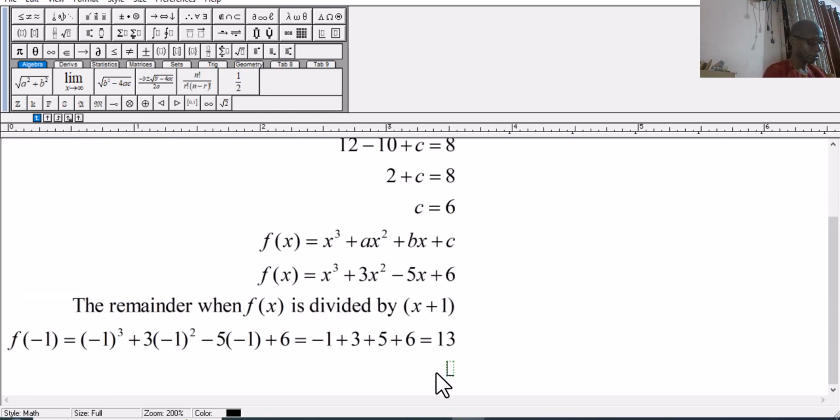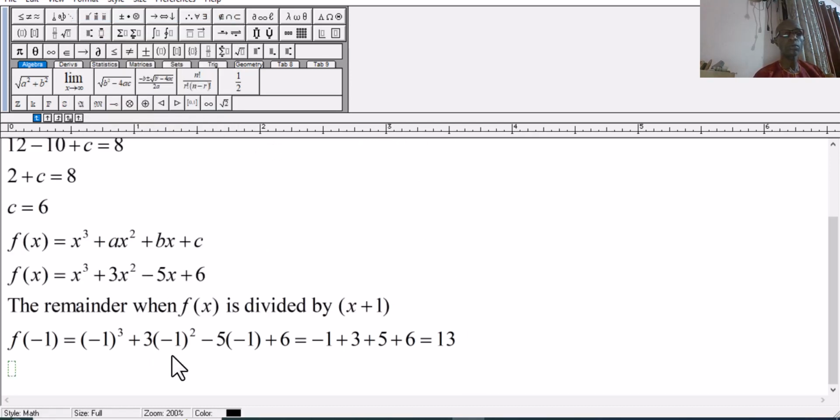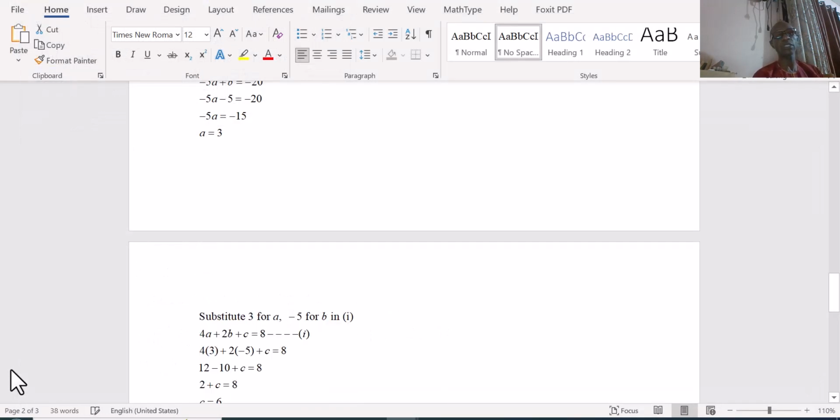So the remainder will be 13. So that's how to go about solving this polynomial question we are given.